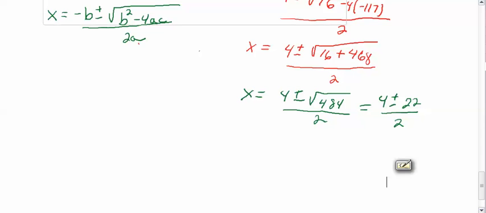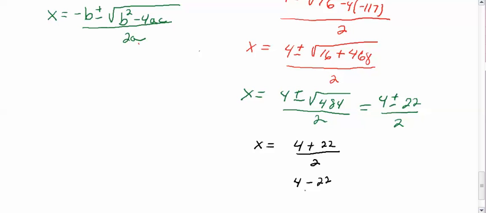Okay, and the final step is to go ahead and do the math. So now I have x is going to be equal to 4 plus 22 over 2, and then 4 minus 22 over 2. So 22 plus 4, 26 over 2, and that's going to be 13.